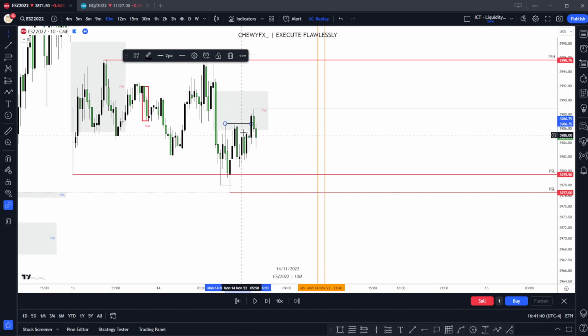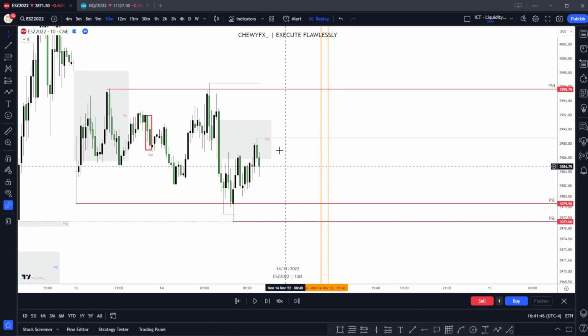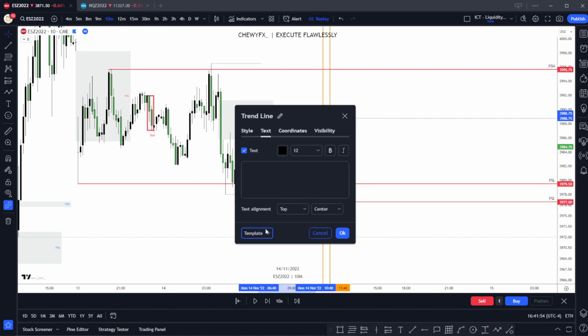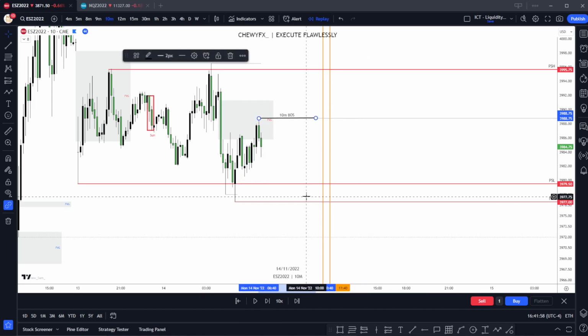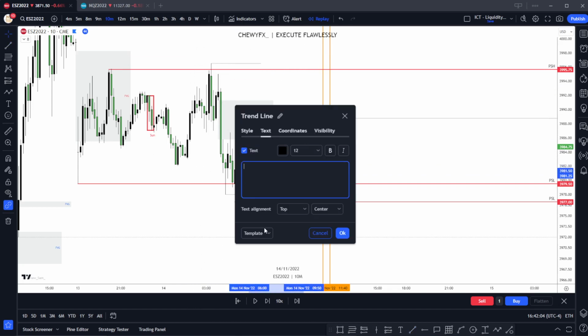I'm not really liking the way this range looks. So I would either want to break another low, or we just continue upwards and then we see what happens. So this is going to be the next 10-minute swing that I'd be looking for a break of structure. And then for a market structure shift, it's going to be this swing low, just for now.